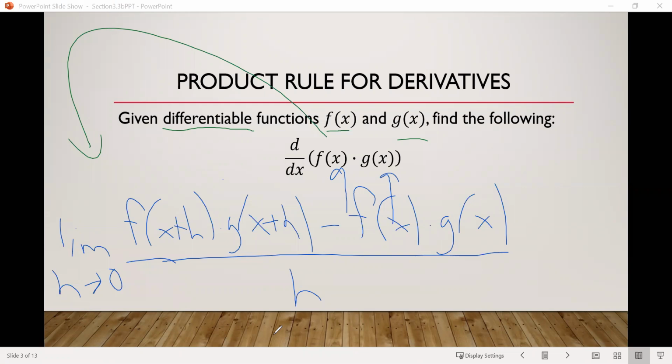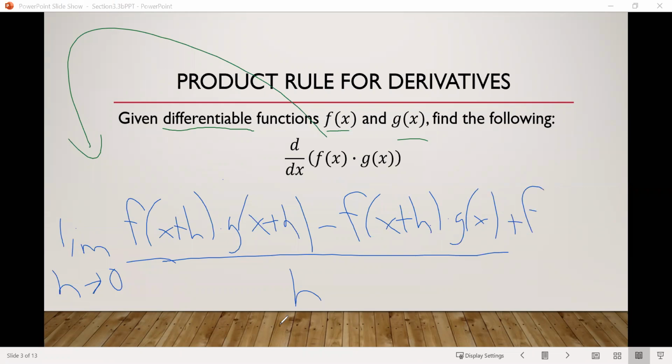And then I'm going to add something to the top. I'm just going to write it down, and let's see if I've really changed much by including this. So what I'm going to do is in the middle here subtract f of x plus h times g of x and add f of x plus h times g of x. And at the end there, we should still have that minus f of x times g of x, and I apologize, I ran out of room again.